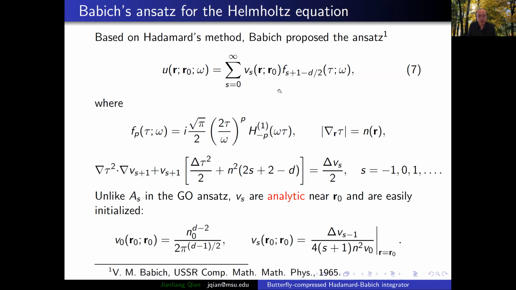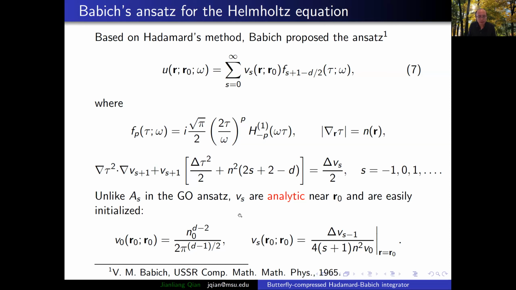Once we insert this ansatz into the Helmholtz equation, we obtain an eikonal equation again, with tau here and omega the frequency. Then V sub s is not an amplitude but a coefficient that we call the Babich coefficient or Hadamard coefficient, because it differs from our usual understanding of amplitudes. We also have a transport equation.